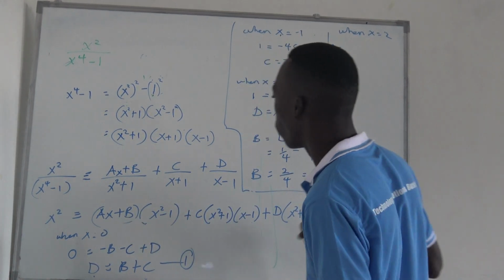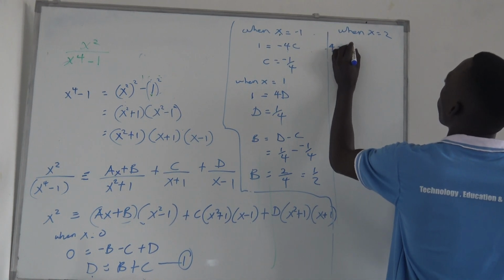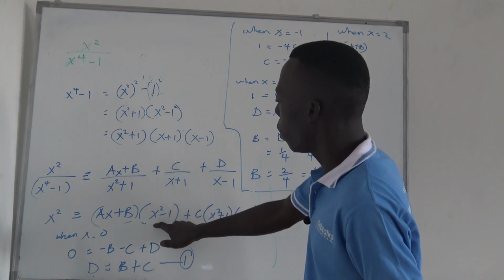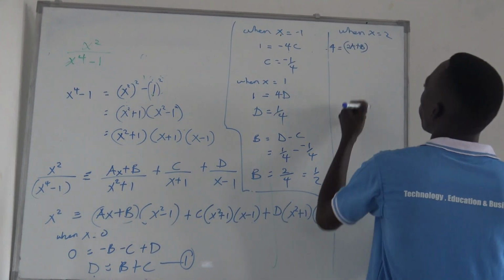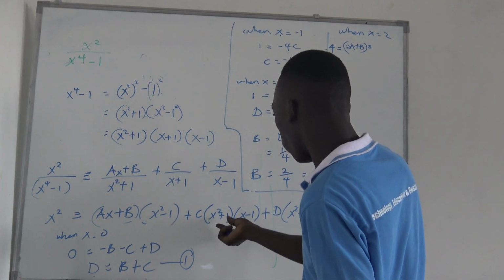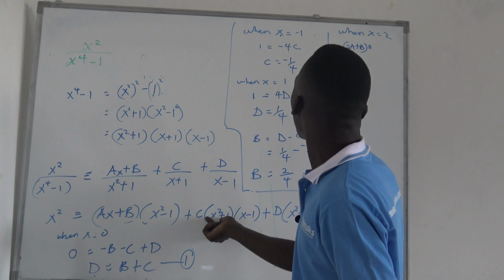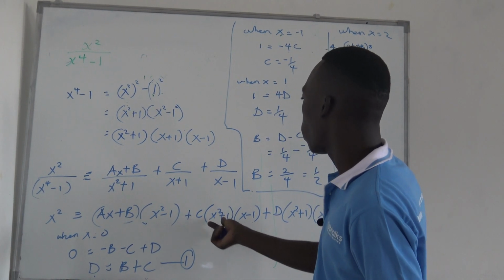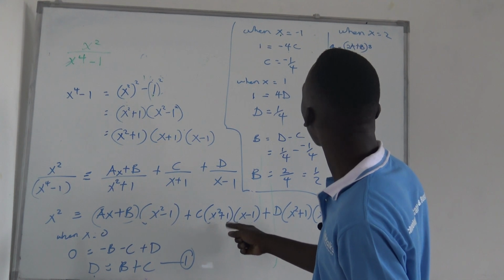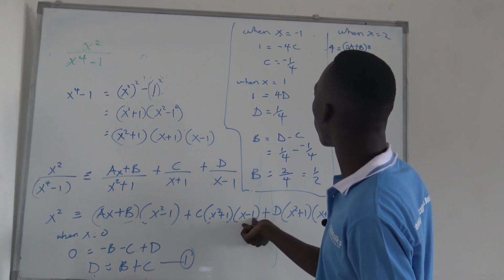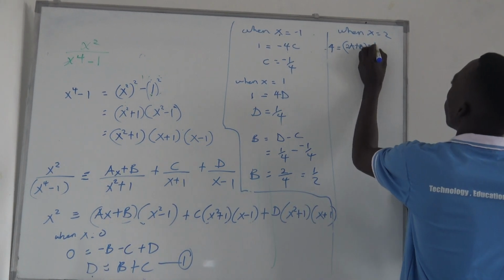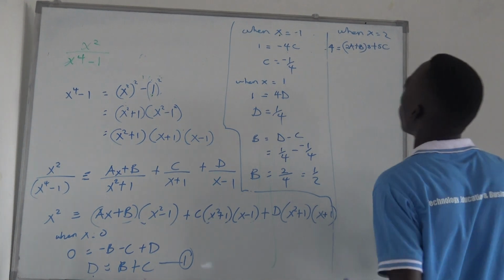Which is 2a plus b, then put here 4 minus 1, which is 3. So we are putting in also here 2, 4, that is 5. 5 times this one, which is 5c, so plus 5c.